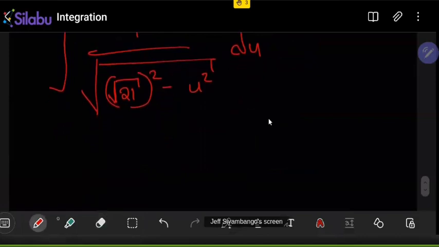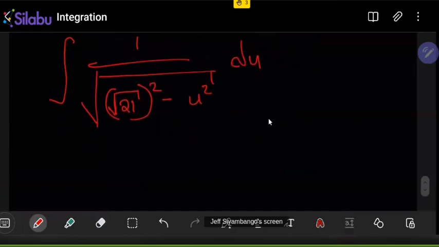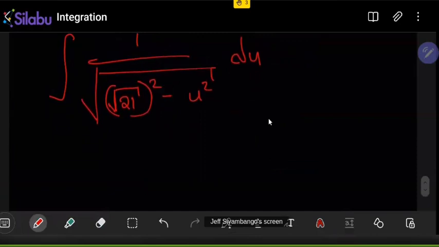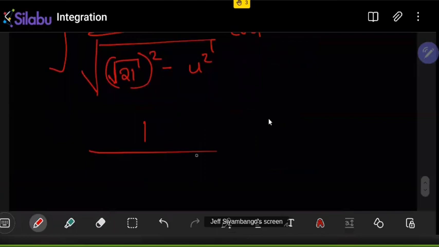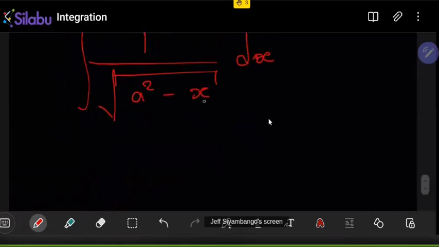Okay. So the idea here is this. You know the original expression. The original expression is 1 over the square root of a squared minus x squared. You let x be equal to whatever is being squared here, which is a, then sine theta.